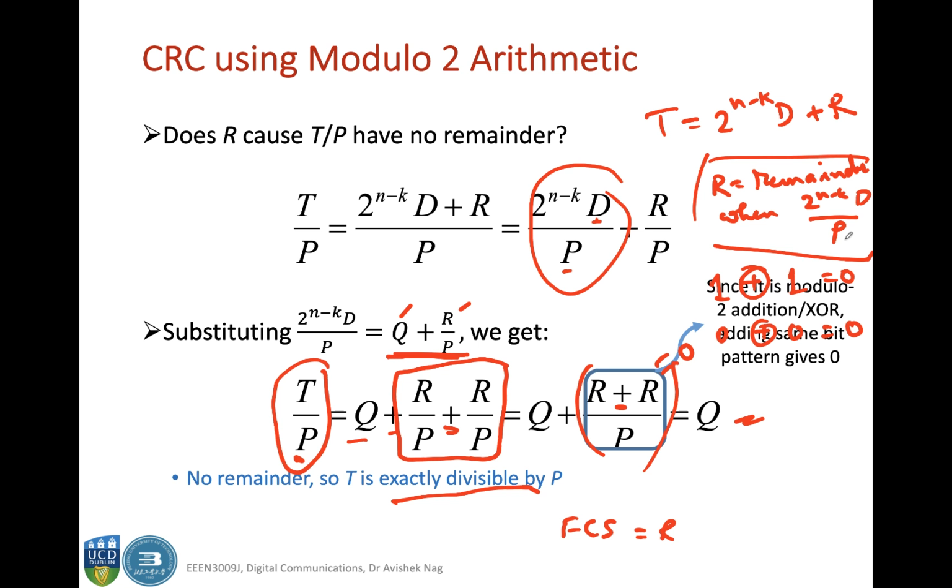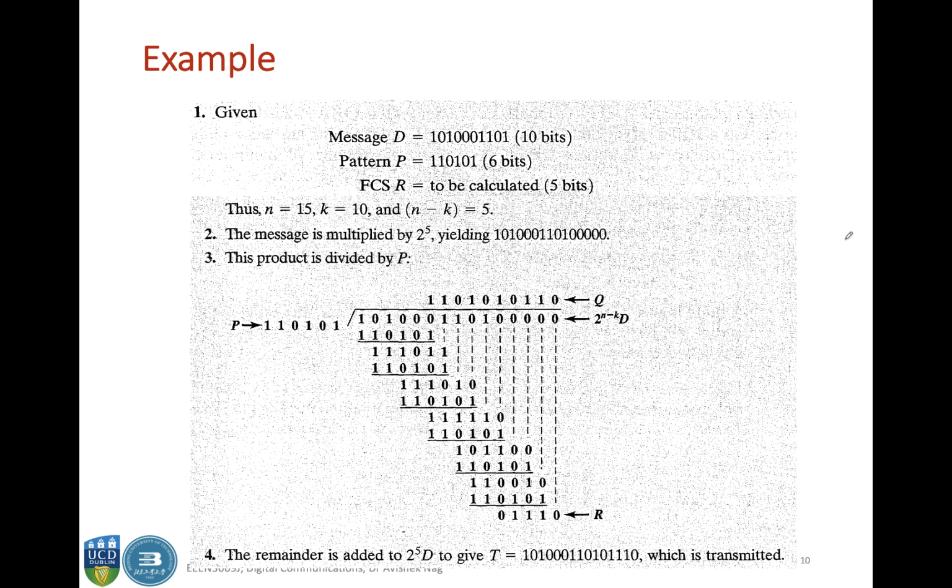So now let's look into an example. Let's say your message is 10 bits, and your pattern is these 6 bits. So this is basically n minus k plus 1 bits.